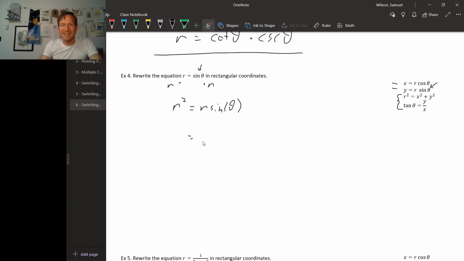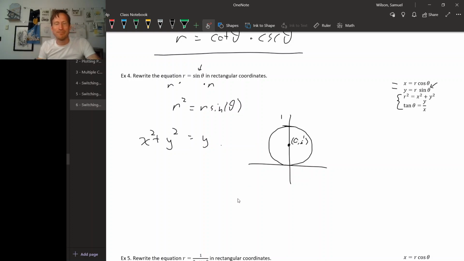But r sine theta, that's y, and r squared, that's x squared plus y squared. Okay, that wasn't too bad. If you do this completing the square trick, it turns out that this is a circle like this, centered at 0, 1/2, and with radius 1/2.